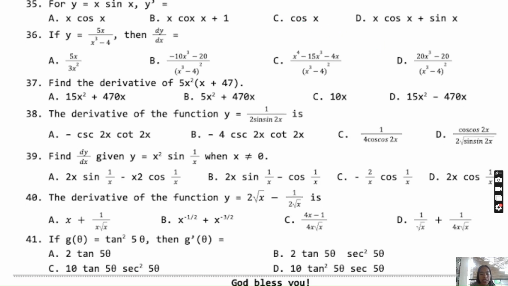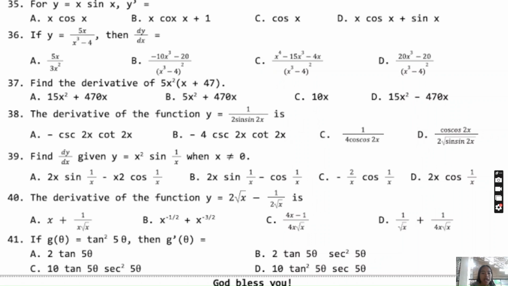So number 36. The question is, if y is equal to 5x over x cubed minus 4, then dy over dx is equal to letter B, negative 10x cubed minus 20 over the quantity x cubed minus 4, squared.